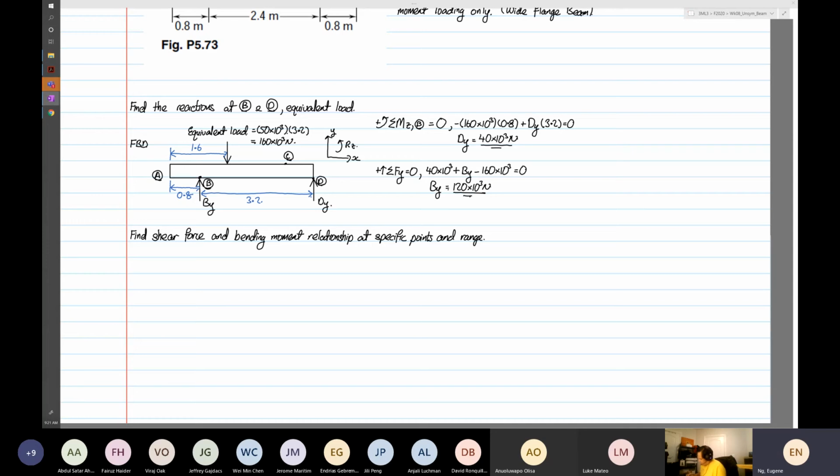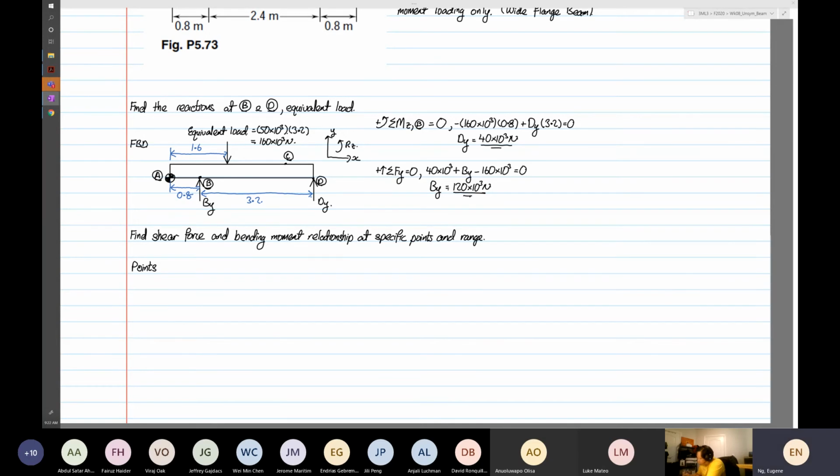Bear with me, okay? So we're going to generate a table. We are going to divide this structure into very specific points or ranges. So we're going to start from left to right.